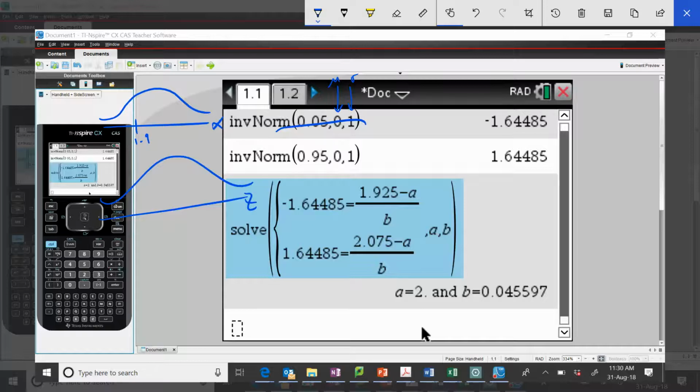Less than this is 5%, right? Then I'm just asking, well, if this was 5% for the ideal world, then what would the X value be, or in that case, Z value be? Because they're both normally distributed, they're just skewed in different ways, but they both have the same area. It's still 100%.